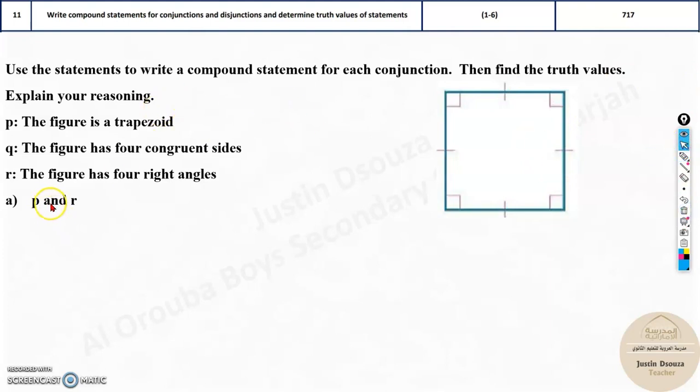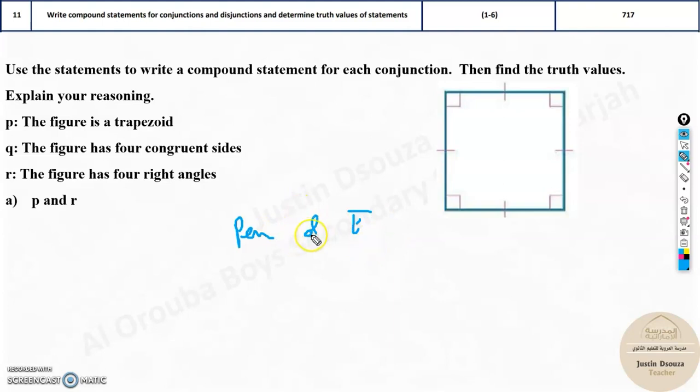Now then, they have told us P and R. What does that "and" mean? "And" means both things are required to be true for the compound statement to be true. Now imagine I say, I need a pencil and an eraser. That would mean I need both of them.